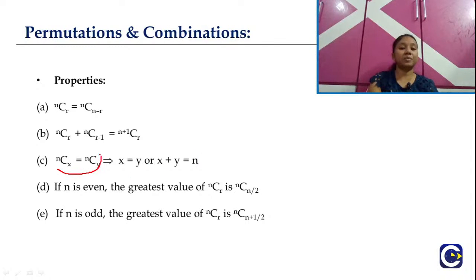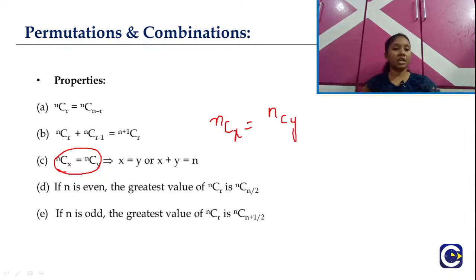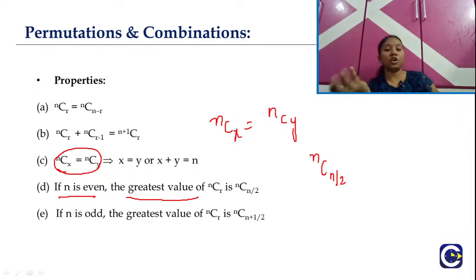And for this typical expression, that is nCx is equal to nCy, right? Let's see the next property here. If n is even, the greatest value of nCr is nC(n/2). If the n value is even, the greatest value of this nCr is given by nC(n/2).